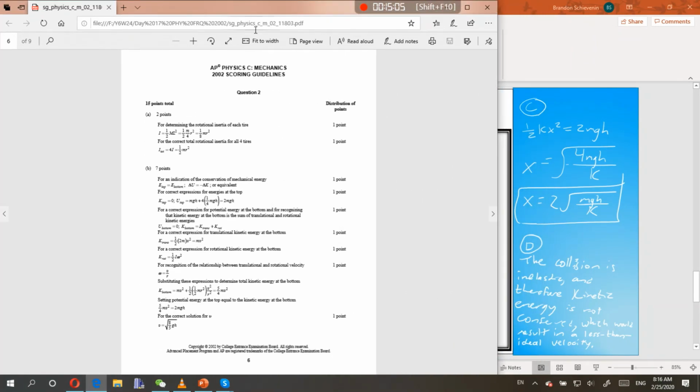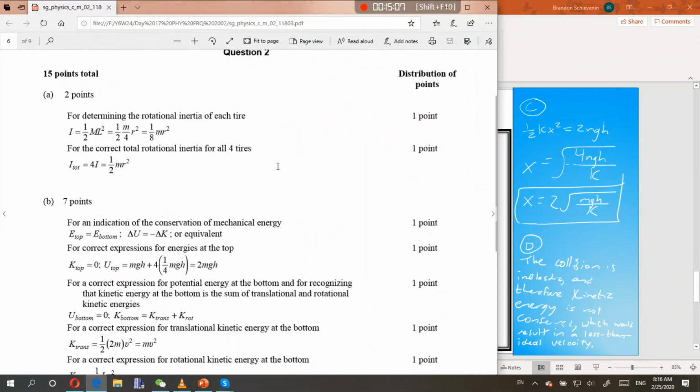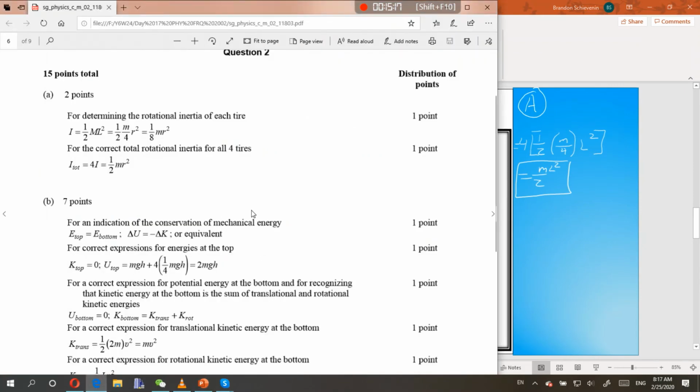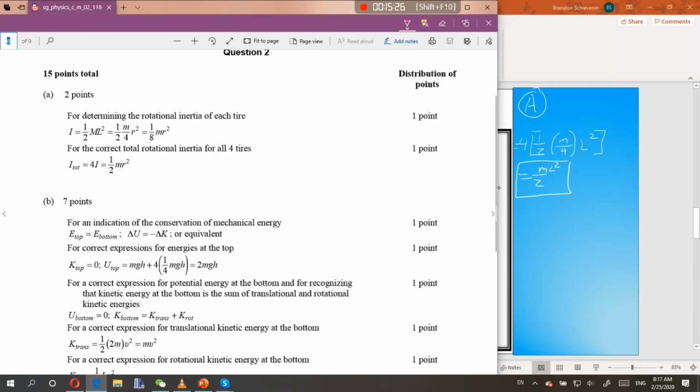Okay, so for the first one, 2 points for determining rotational energy for each tire. Correct rotational energy for all tires. Okay, we got that.